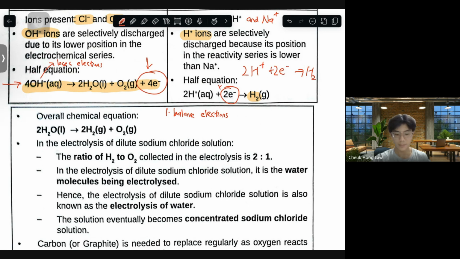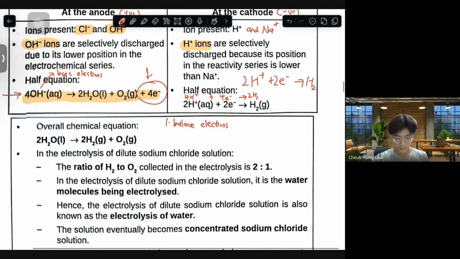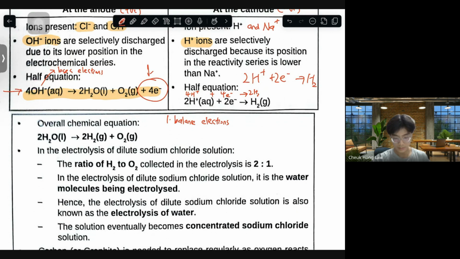So I have to multiply by 2 here to make it 4 moles. Once I multiply, I will have 4H plus, 4e minus, e minus is electrons by the way, and then 2H2. Okay, so now there is balance.